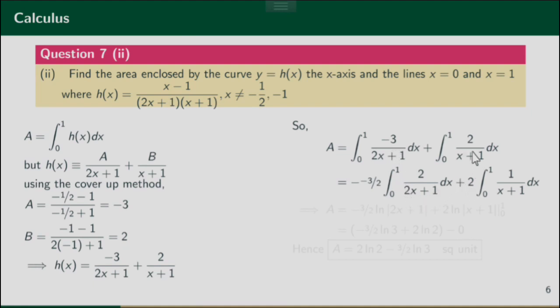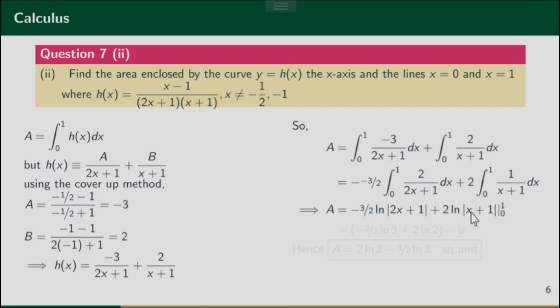Then in this second term, I just bring out 2, and I have 1 divided by x plus 1. Now, the derivative of 2x plus 1 is equal to 2. So the first part of the integration will be negative 3 divided by 2 ln of 2x plus 1. Then plus 2, the derivative of x plus 1 is 1, which is exactly the numerator.